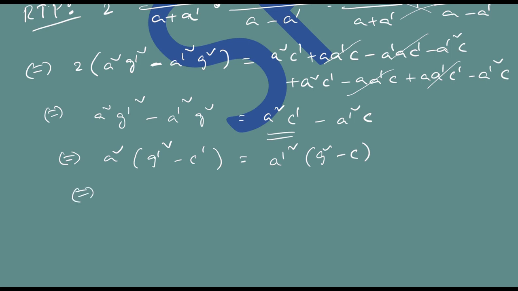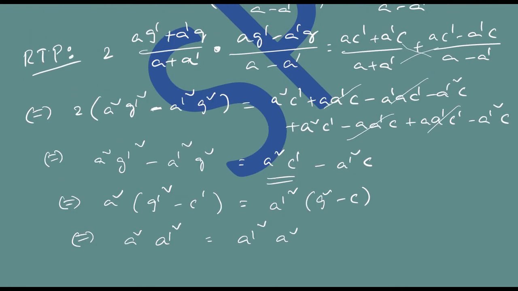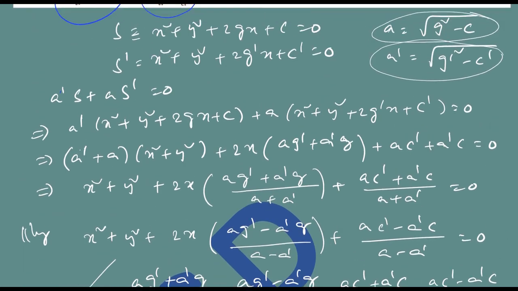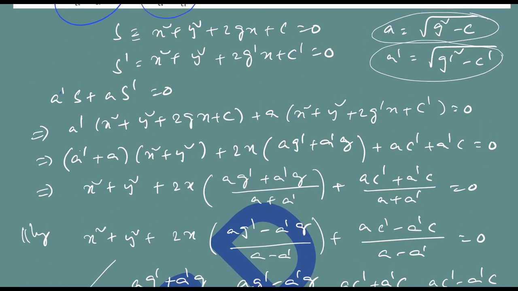So if I write that, I'll get a square into a dash square is equal to a dash square into a square. See, this is true if and only if this is true, and which is true. Hence, we proved that the circles are intersecting orthogonally.